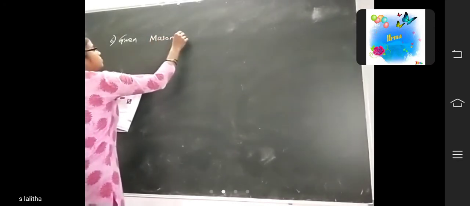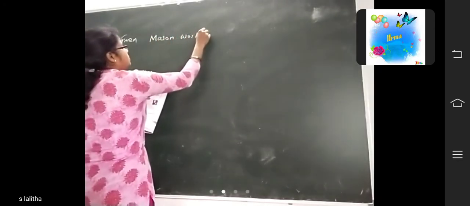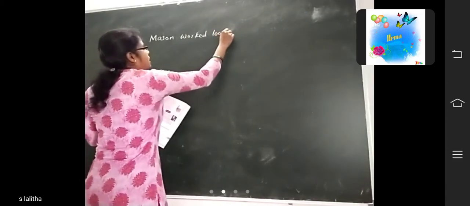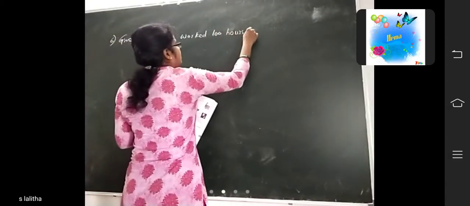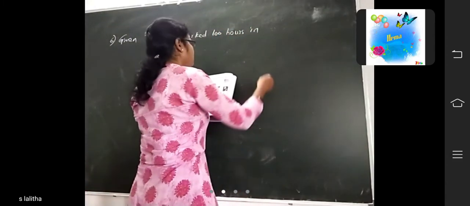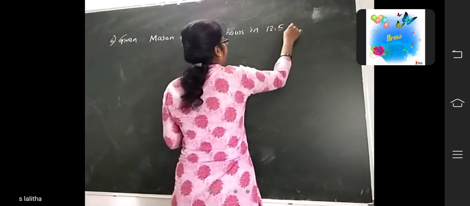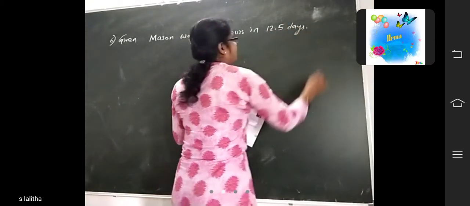So what is given here? Given: mason worked 100 hours in 12.5 days. Okay.